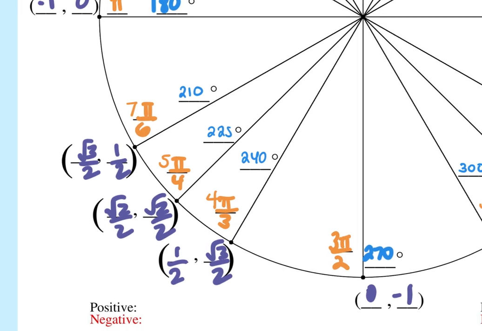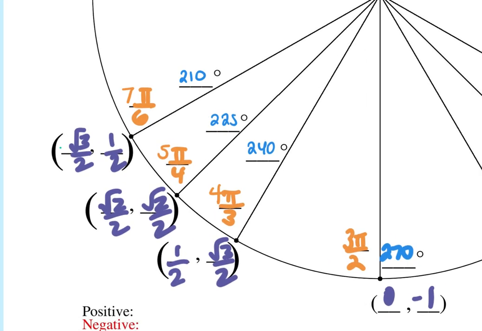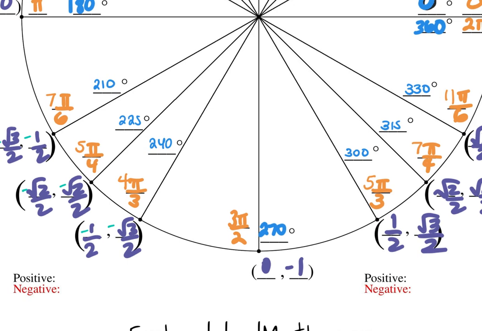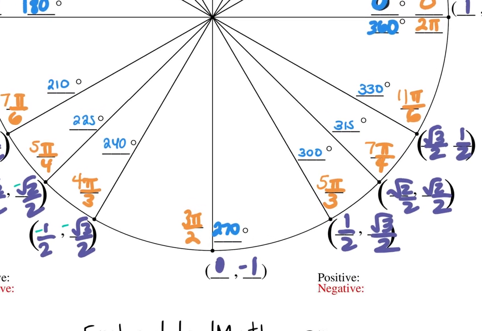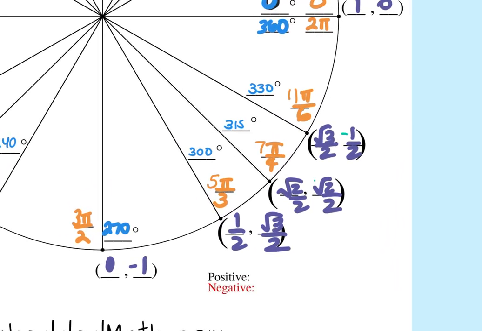In the third quadrant, both are negative, because it's left and down, right? And then in the fourth quadrant, the Y is negative.